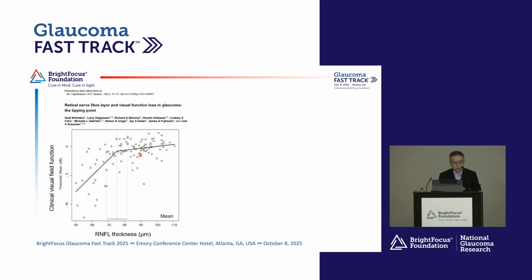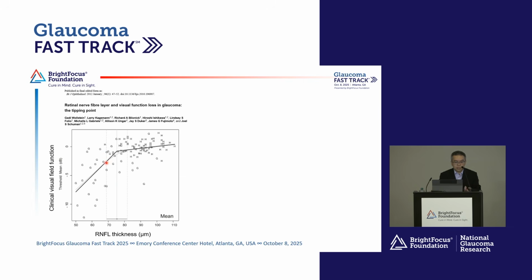For example, if you plot the visual field clinical measurements against RNFL, you may notice that there's not really just a linear trend, but instead RNFL may start to decrease in a plateau fashion, a slope, without much change in the clinical visual field until reaching a tipping point. In this case, this is 76 micrometers. Then only after that point will you see concurrent RNFL and visual field worsening.